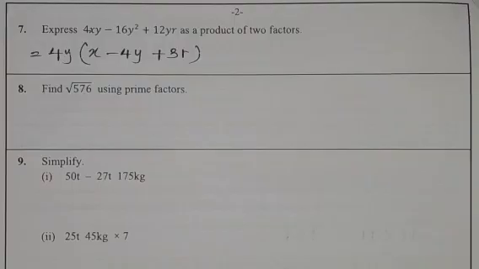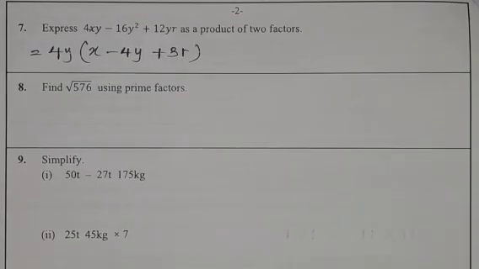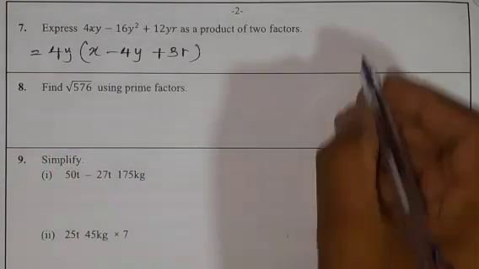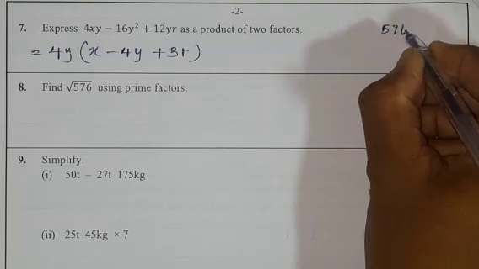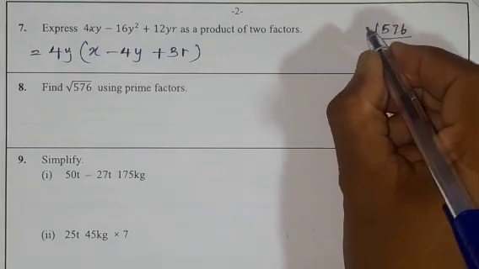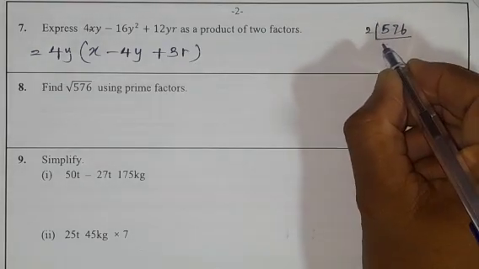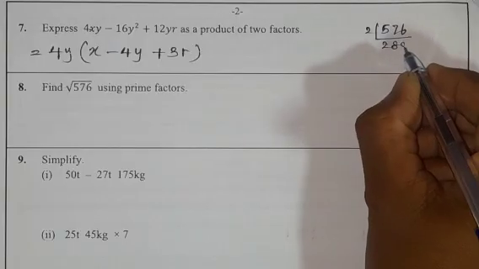Question number 8. Find the square root of 576 using prime factors. We want to divide 576 by prime numbers. Let's do that first. I'll write 576 divided by 2 first. 2 times 288.